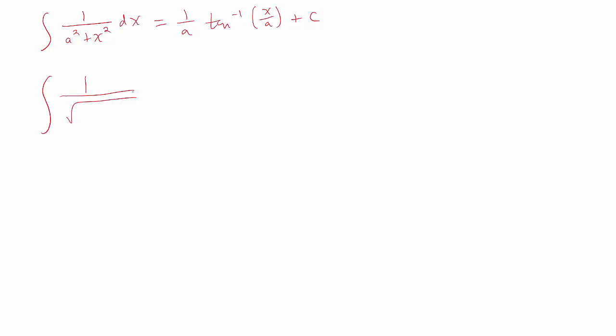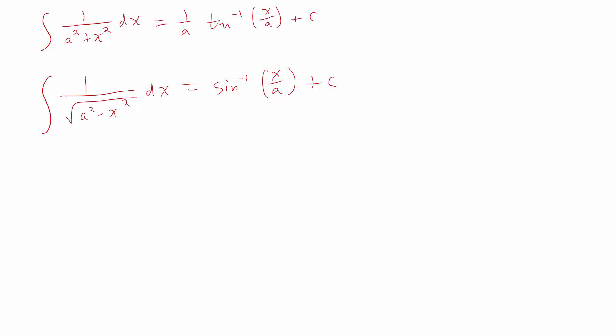In general, the integral of 1 over a squared plus x squared dx is 1 over a arctangent of x over a plus a constant, and the integral of 1 over the square root of a squared minus x squared dx is the arcsine of x over a plus a constant.